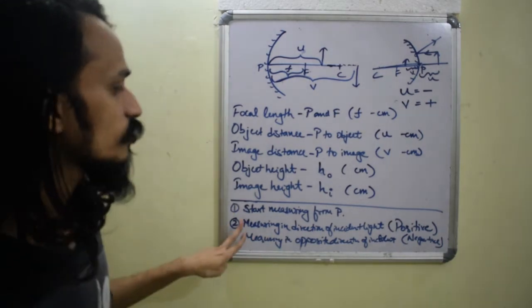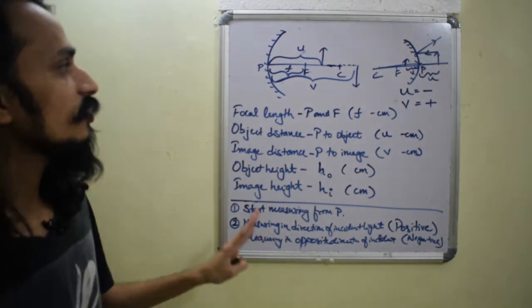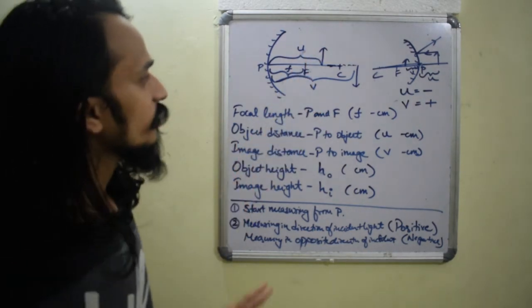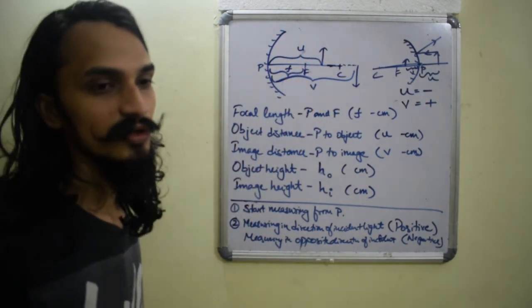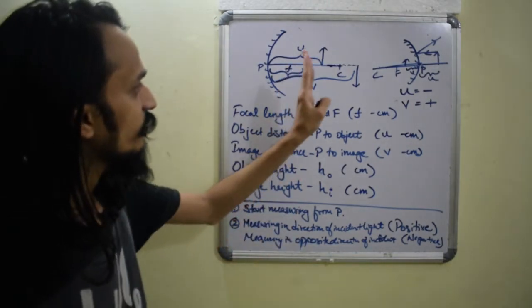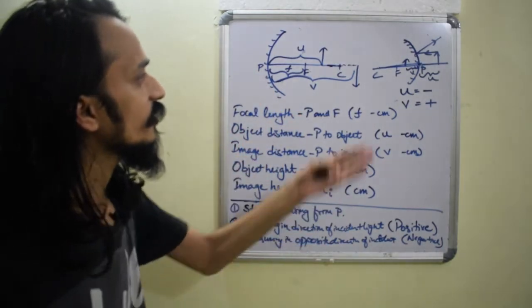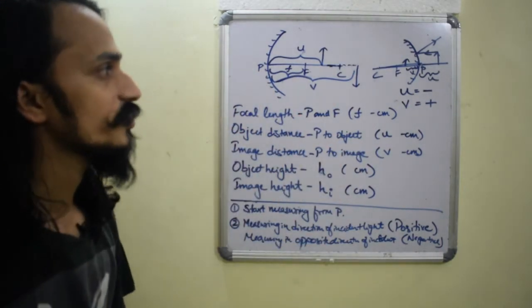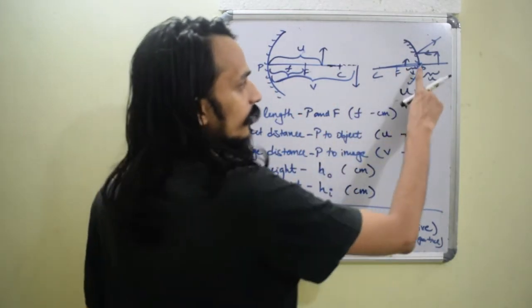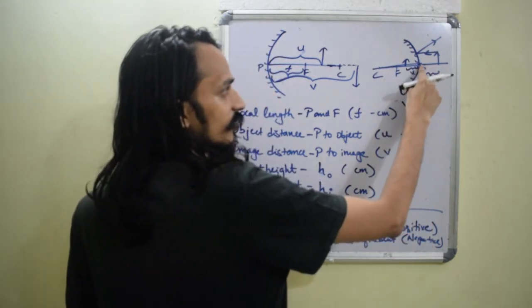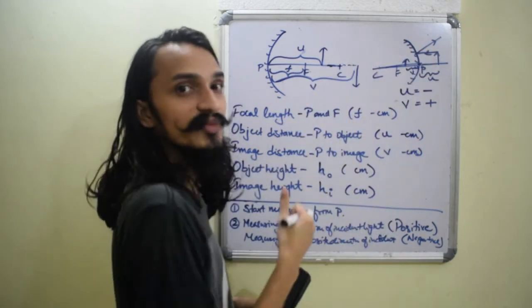That is what these two rules will tell us. Anything you measure, focal length, U or V, positive or negative will depend on which side of the mirror they are on. If they are on the side where the light is coming from, they are generally negative. If they are on the other side, they will become positive. Over here, even for focal length, I will start from P to F, right to left, same direction as light.